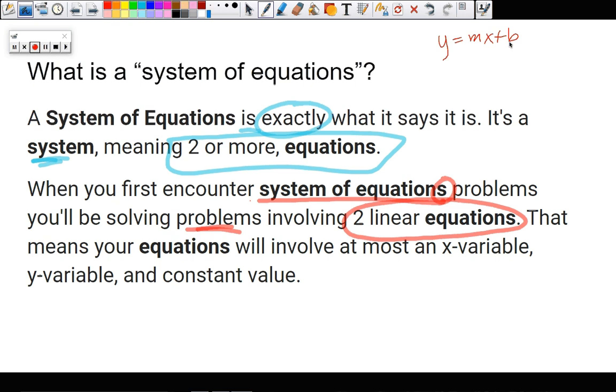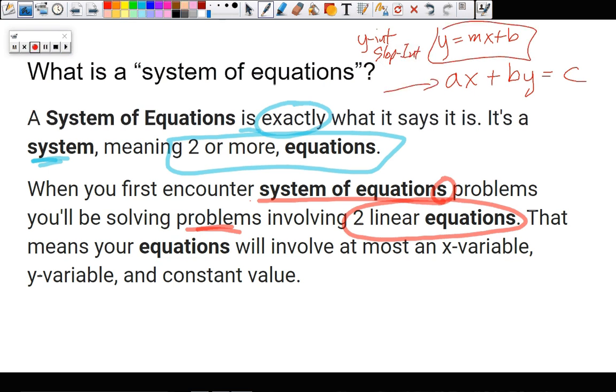You with me? That's a line. Is this a line? That is a line. ax + by = c is another way of seeing a line. Go with me? This is the y-intercept form, or the slope-intercept form.